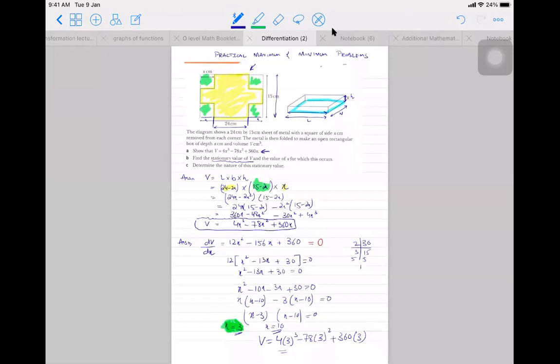It's coming to 486. Is it coming out to be 486? Can you explain that? 3 and not 10.